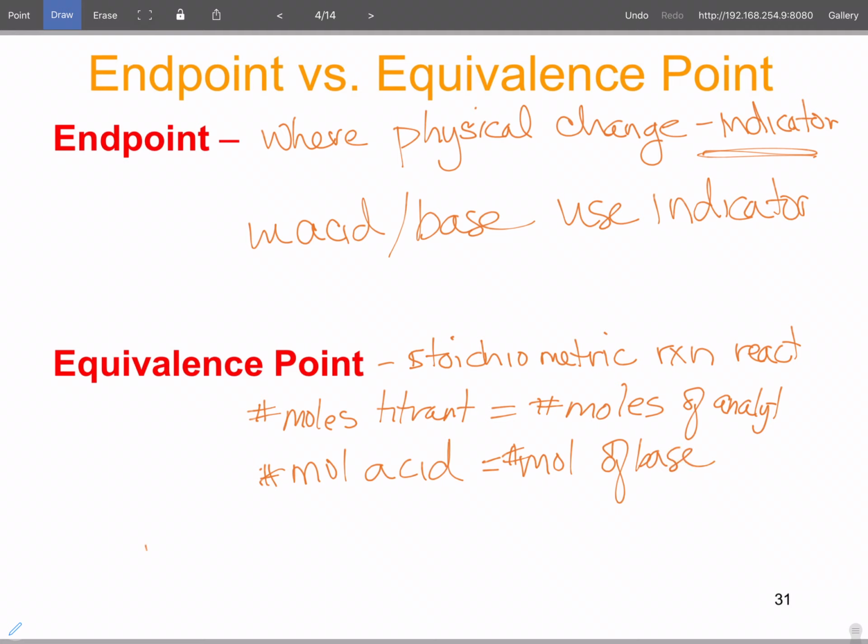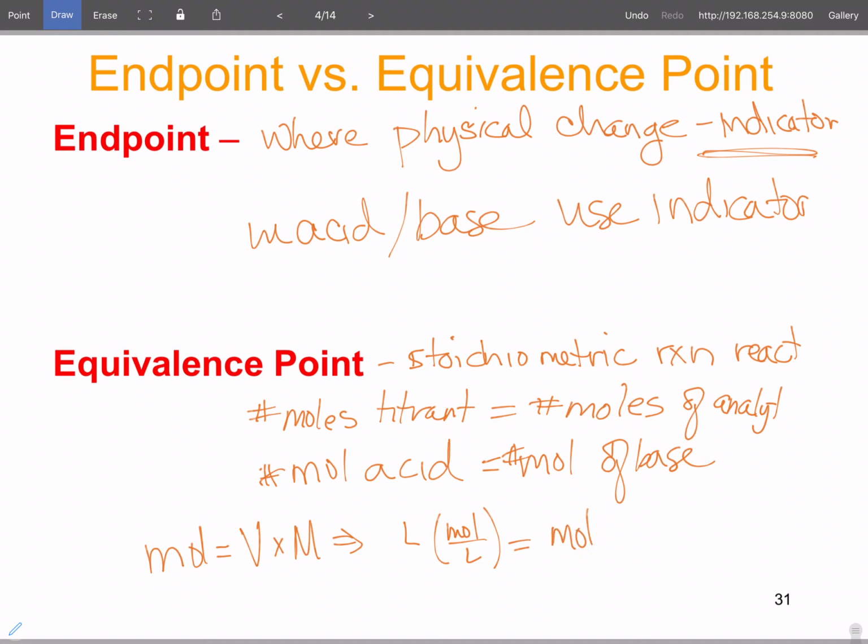Now remember, you get the moles when you take the volume times the molarity, because that is liters times moles over liters to produce moles.